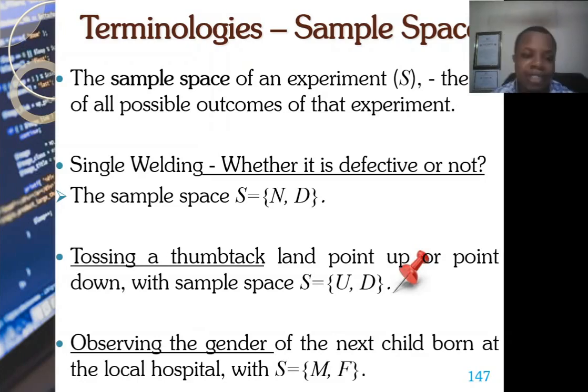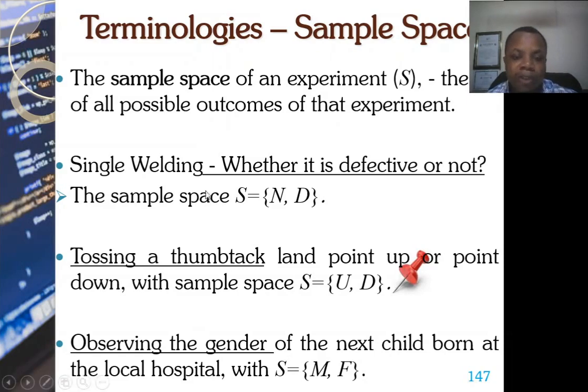Now, for example, the simplest experiment to which probability applies has only one or two possible outcomes. We can think of so many. We can think of a single welding. I don't know if any of you have had the experience to weld metal or something, or have been to the welding shop. You could see that anytime welding is being done, at the end of the day the welding might be perfect or not perfect. In this case, we call it not defective or defective.